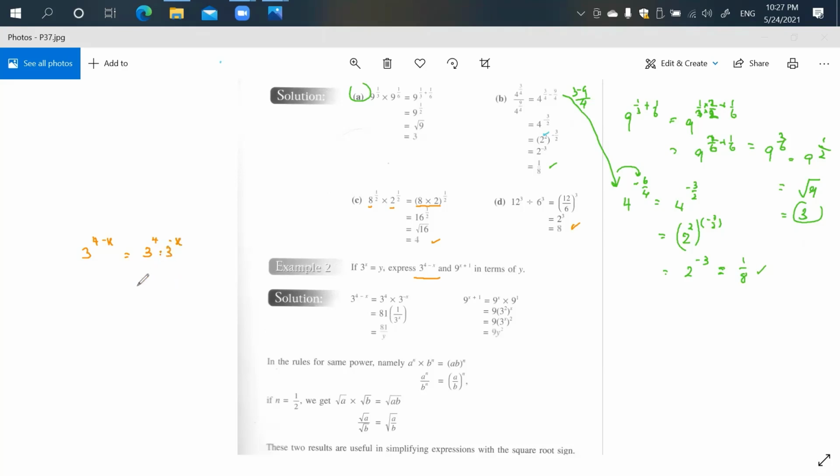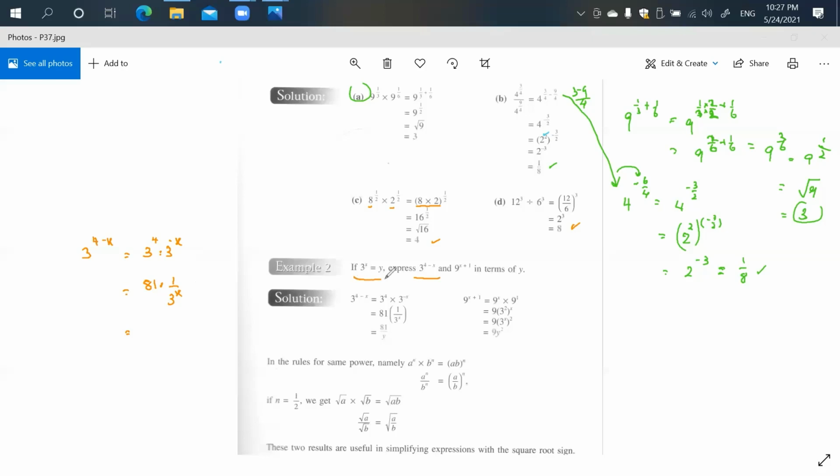We can write this pattern. And then 3 to the power of 4 is what? 81, right? 3 times 3 is 9, 9 times another 9 becomes 81. Because the formula makes the index positive every time, it becomes 1 over 3 to the power of x.